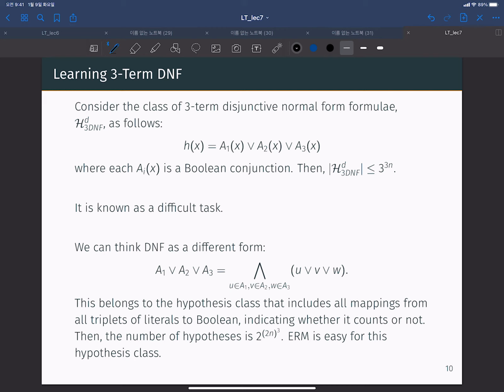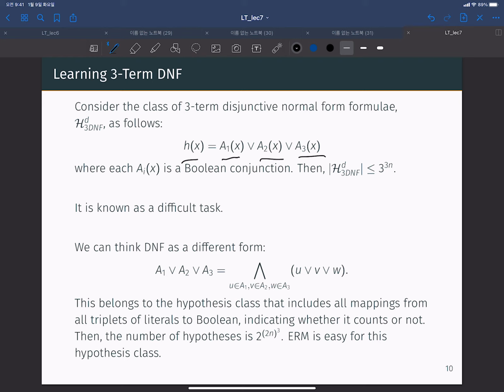The last example is very interesting. We can define a hypothesis using three Boolean conjunctions defined on the previous slide. So like this, h(x) is equal to a1(x) or a2(x) or a3(x).